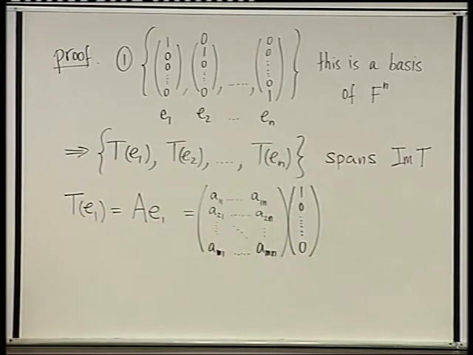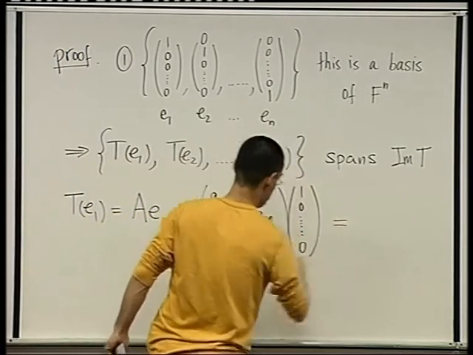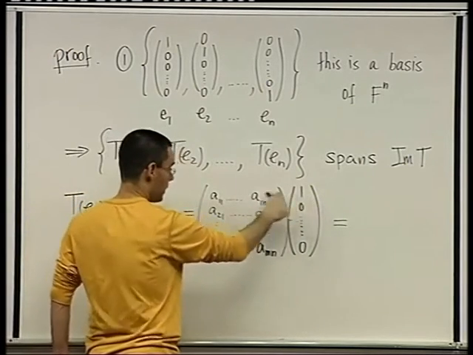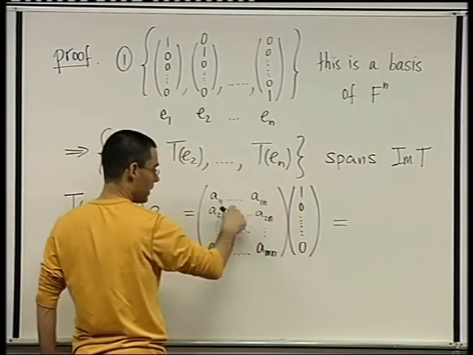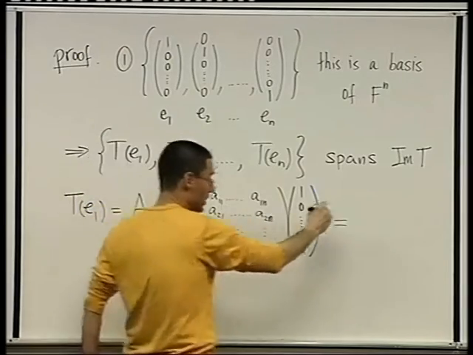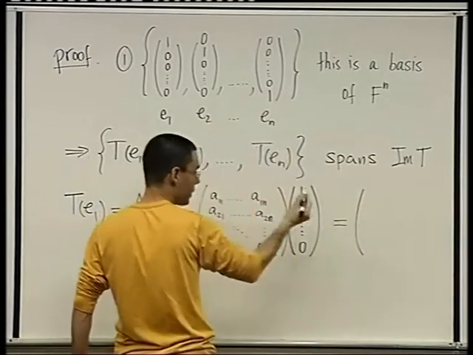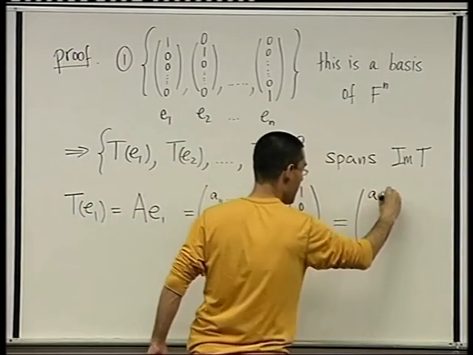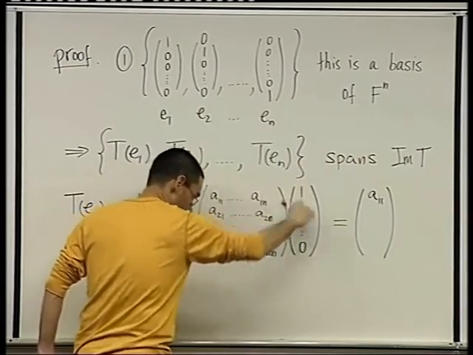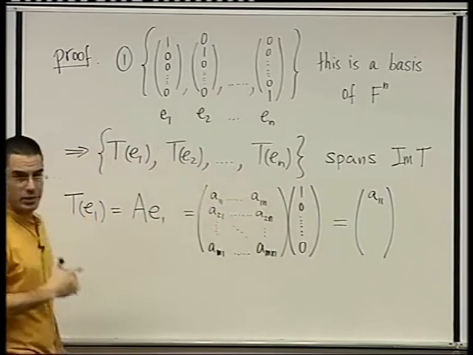Do you agree? What do we get? What is the product of A times E1? It's A11 times 1 plus A12 times 0 plus A13 times 0, and so on. The first entry is just going to be A11. Everybody else hits a 0 in the multiplication. Only A11 hits the 1 and survives.